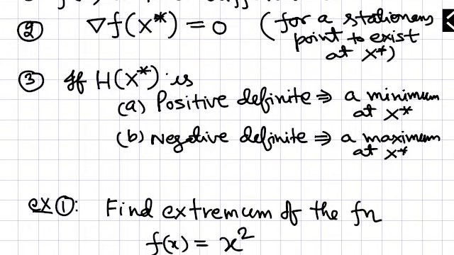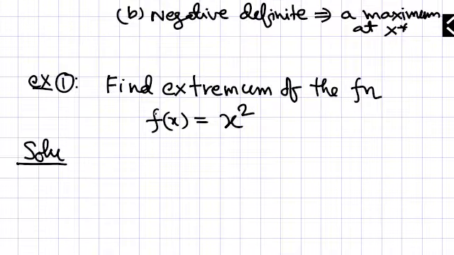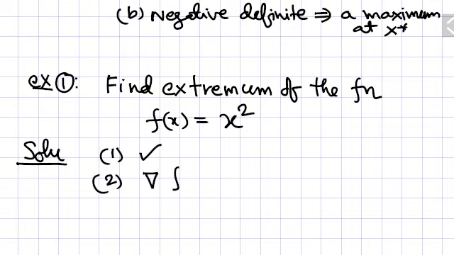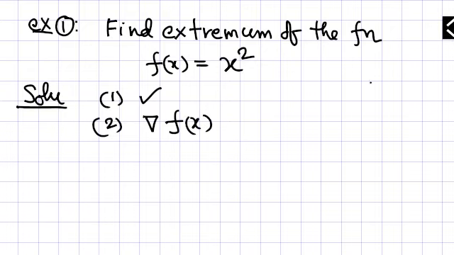Number 2 is to differentiate the function. So for condition 2, first we have to differentiate this function, or you can say del f over del x, because here we have only one variable x, so we can write it this way.